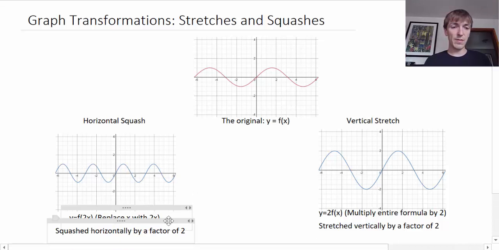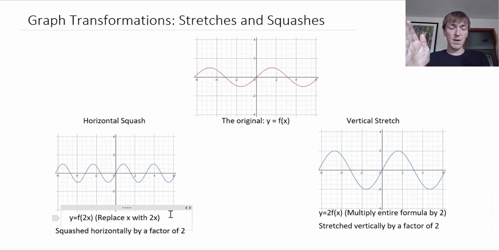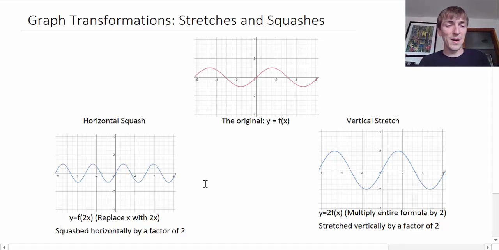So in this example, if I replace x with 2x, then I will have squashed the graph of f by a factor of 2, kind of this way. You can see my hands. Again, that's kind of backwards because I've multiplied x by 2, but that doesn't stretch it, it squashes it by a factor of 2.